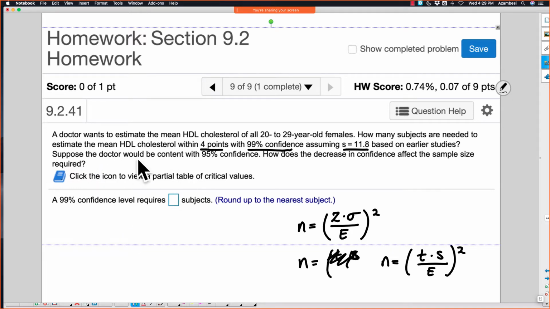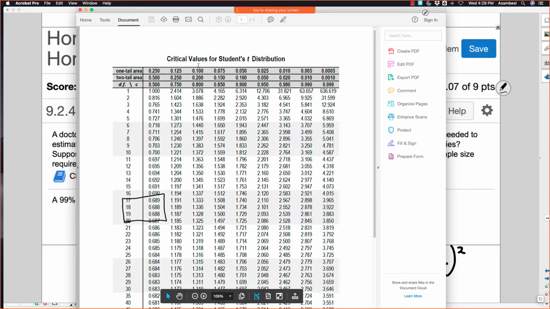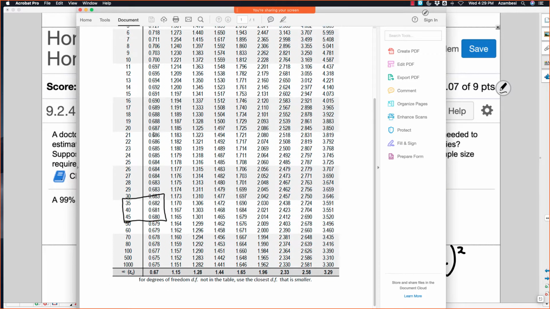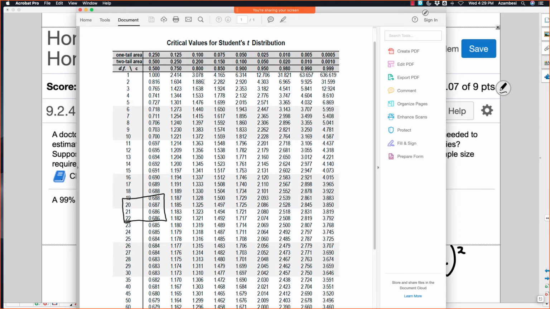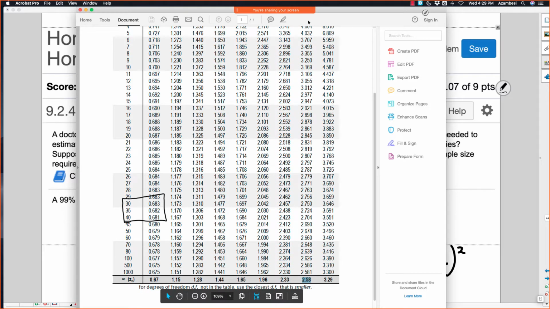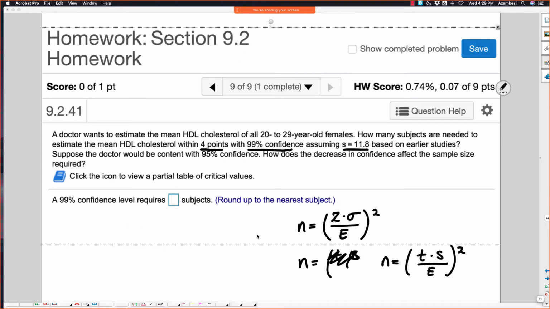Using the t table that comes up, we can use values of z or t based on this particular table. If I'm looking for 99% and I don't know what the sample size is, then what I'm going to use is 2.58 from the t table here. So this is my value that I'm going to use.